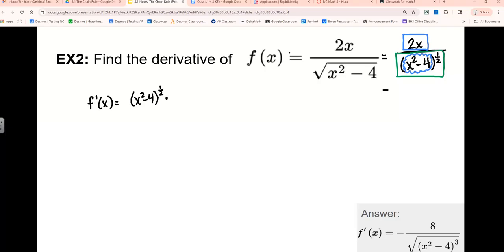So derivative of 2x would be 2. Then it's a minus sign, low d high minus high, which is 2x, times the derivative of the low. Here's where that chain rule is going to come in. So to take the derivative of the bottom, we have to do 1/2 times stuff to the negative 1/2 power times the derivative of the inside, which is a 2x.